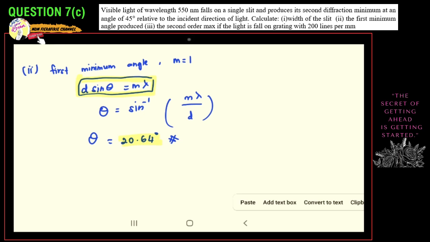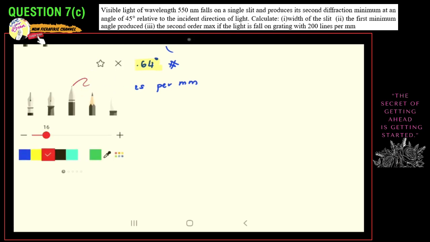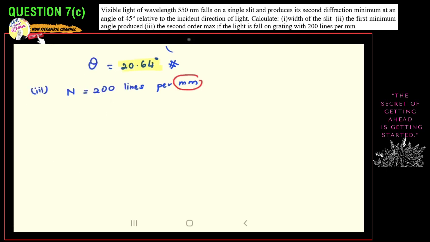Okay, alright. So the last one, calculate the second order maximum if the light falls on a grating. So this is about diffraction gratings, where the number of lines is 200 lines per millimeter. So this is very interesting. So question 3, the number of lines is given as 200 lines per millimeter. So when the question says per millimeter, in your calculation, please change to lines per meter.